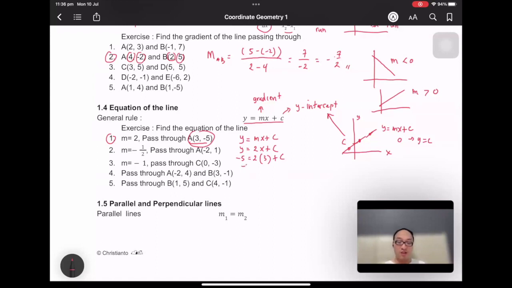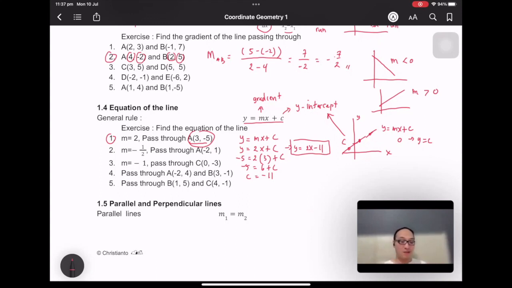So we have negative 5 equals 6 plus c. So c equals negative 11. So the equation for number 1 is y equals 2x minus 11. So all the coordinates that satisfy this equation will lie on the line.